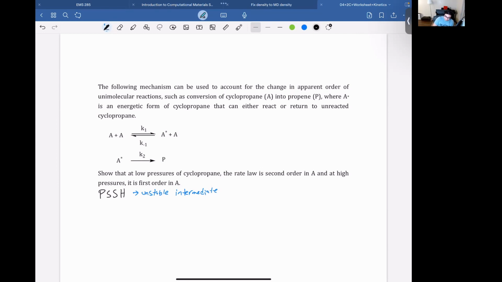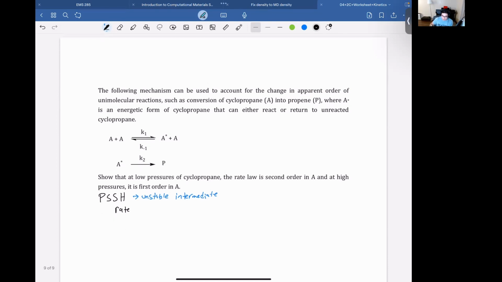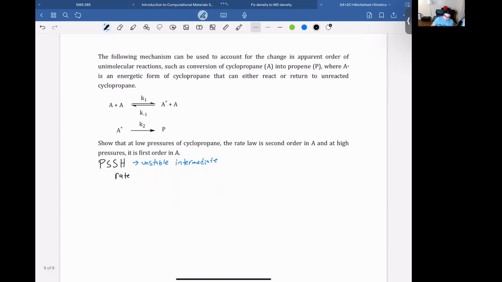So in other words, the rate of formation of A star is equal to rate of consumption or disappearance, appearance, it doesn't really matter. They're all synonyms, right?